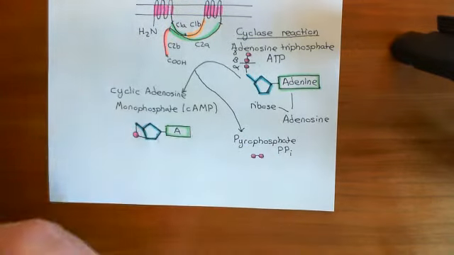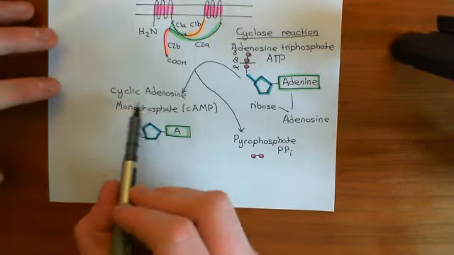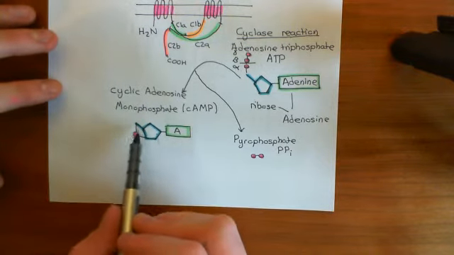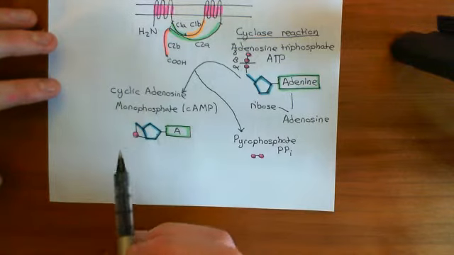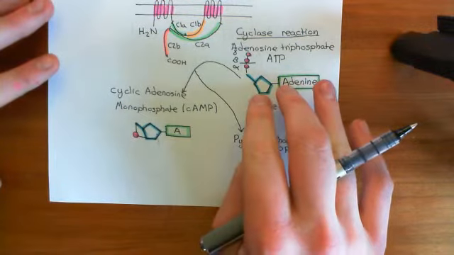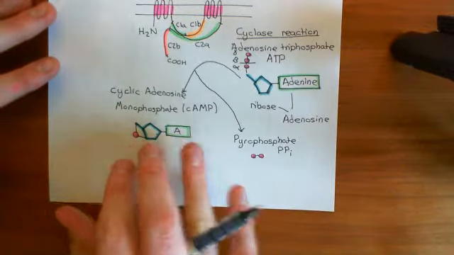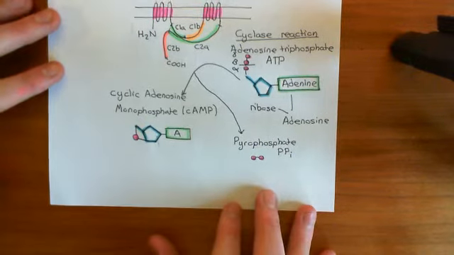So this now is cyclic adenosine monophosphate. It's adenosine monophosphate with this extra cycle that's formed here within the structure. And that conversion of adenosine triphosphate to cyclic adenosine monophosphate and pyrophosphate is known as the cyclase reaction.